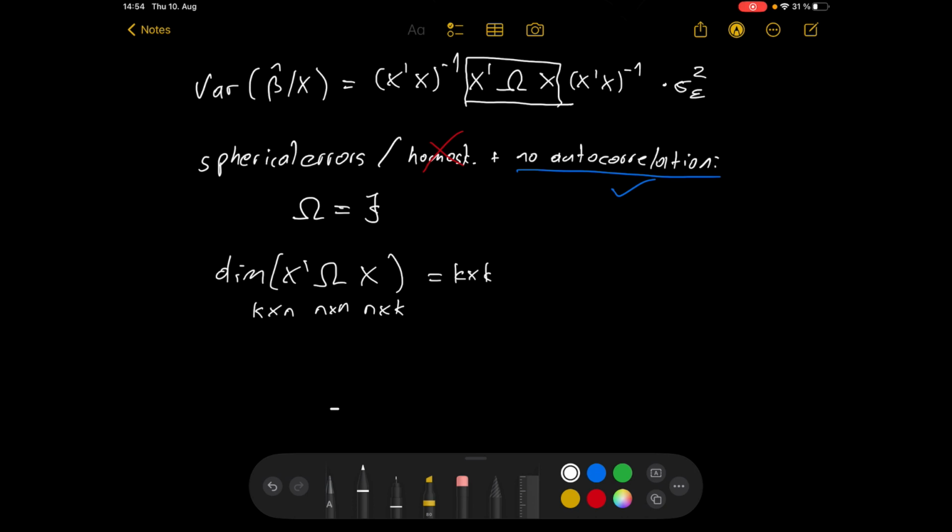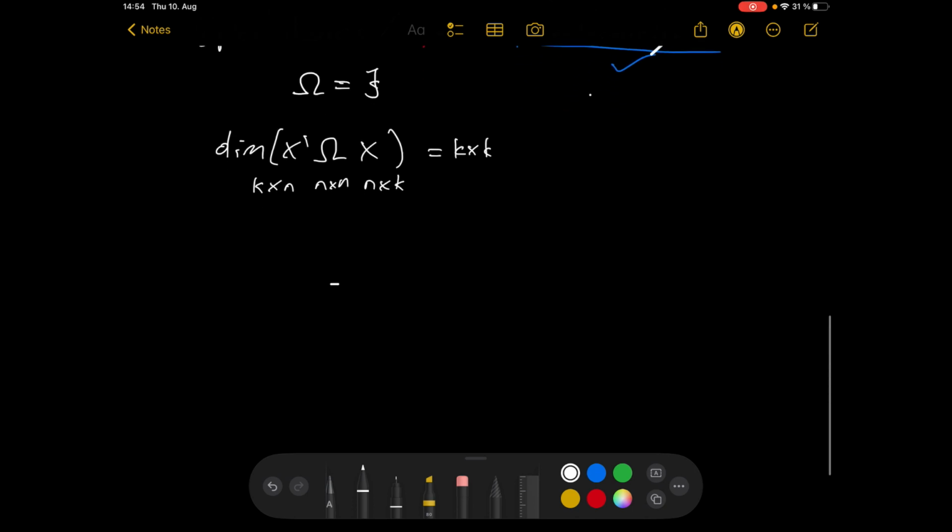And there are 3 different ways to do that. They're known as HC0 to HC3. HC0 and HC1 are relatively straightforward. HC2 and HC3 are a bit more tricky to interpret, but we don't worry about this here.